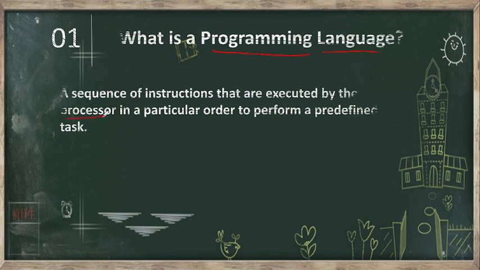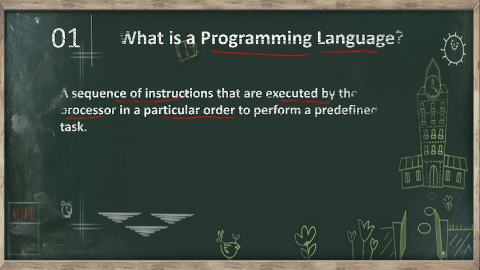But how are we communicating? We are communicating through instructions that are written in a sequence, and they are going to be executed by the processor in a systematic, particular order. And why are we writing the instructions? To perform a particular task.